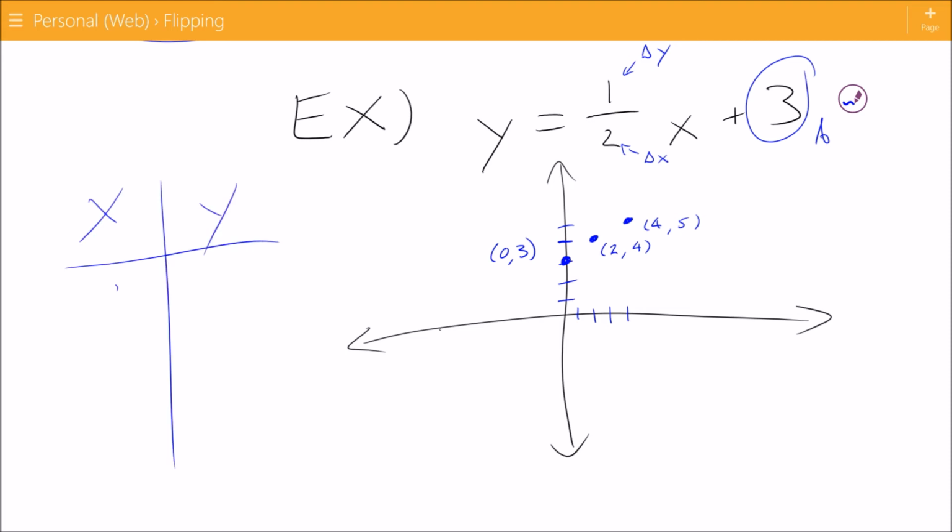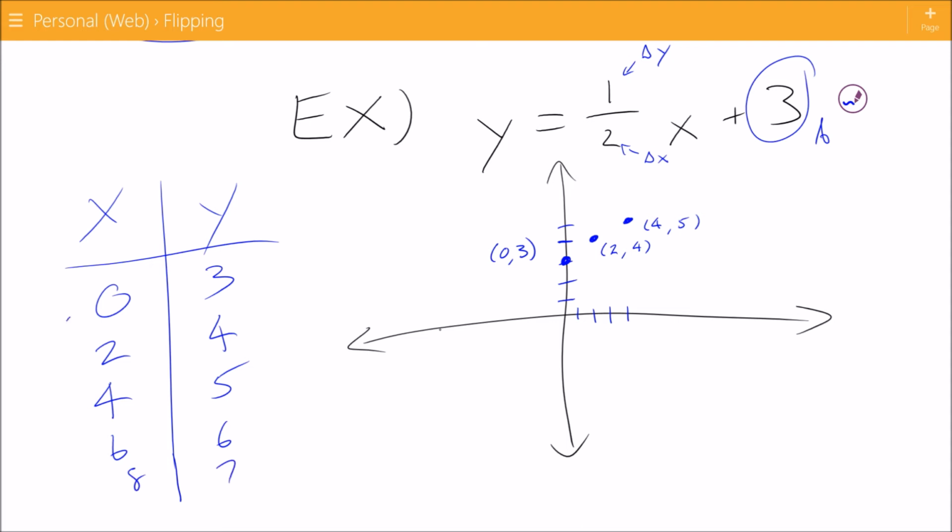I start with an x of 0 and a y of 3. I add 2 for x, I add 1 for y. Add 2 for x, 1 for y. Add 2 for x, 1 for y. Add 2 for x, 1 for y.